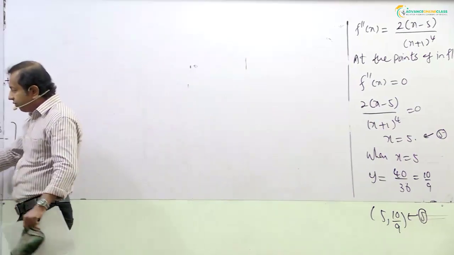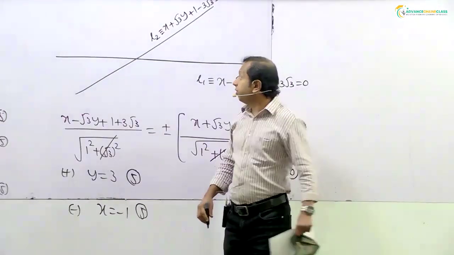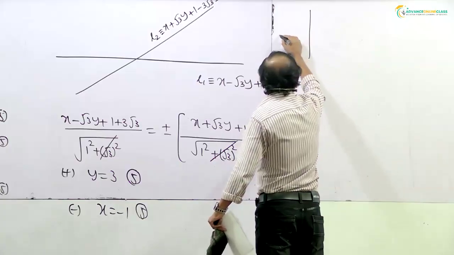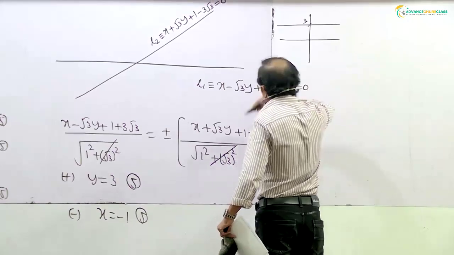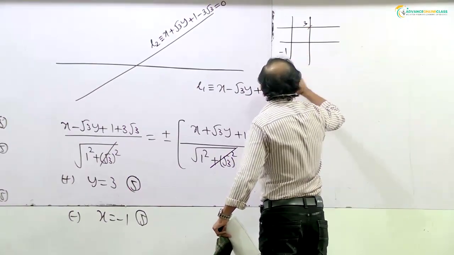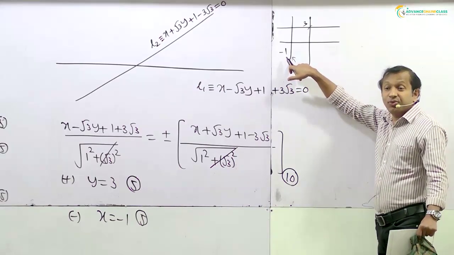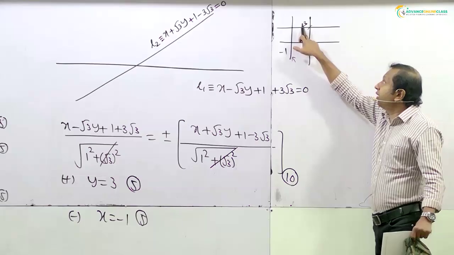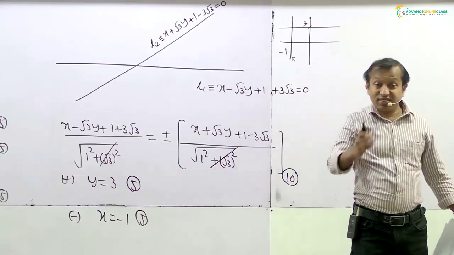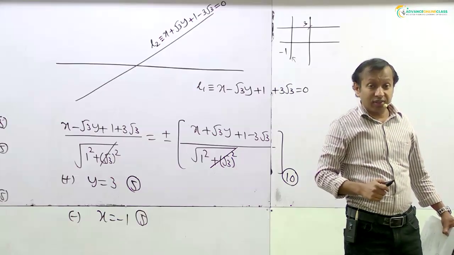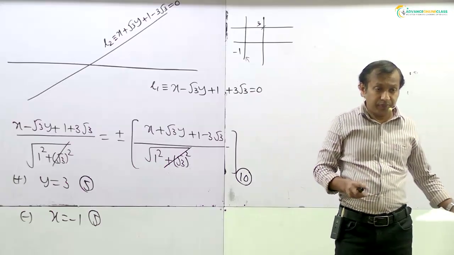The two equations are y equals 3 and x equals minus 1. Y equals 3 means this line, parallel to x-axis, cutting the y-axis at 3. X equals minus 1 means this, parallel to y-axis, so the gradient is infinity. Don't use gradient infinity to test the acute angle bisector. Take gradient 0, the y equals 3 line.